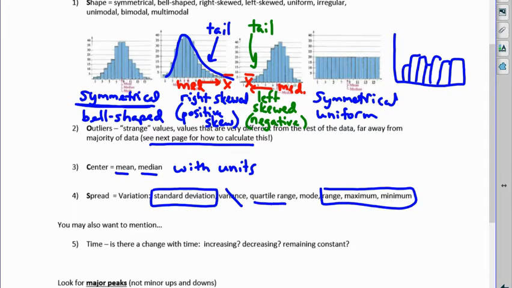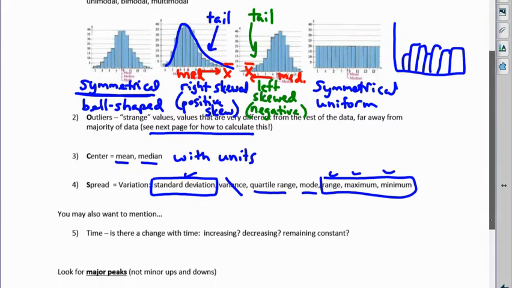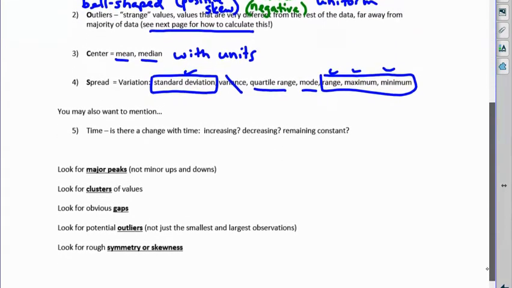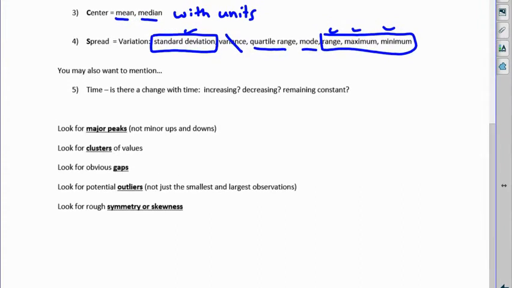If you feel like some of these other values are important, you can of course give them, but I would like standard deviation, range, max, and min. And then you may want to mention time if you see that there's some kind of change happening with time. That won't really apply to the problems that we'll be working on.